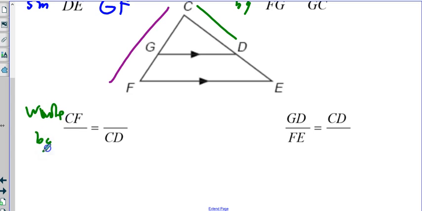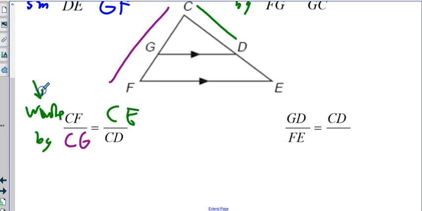Whole, and the big section. So, what is the big section of CF? That would be CG, and that's why these labels come in handy. And what's the whole of CD? That would be CE.